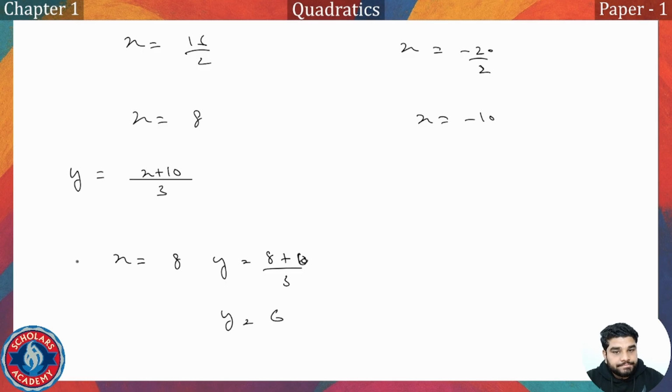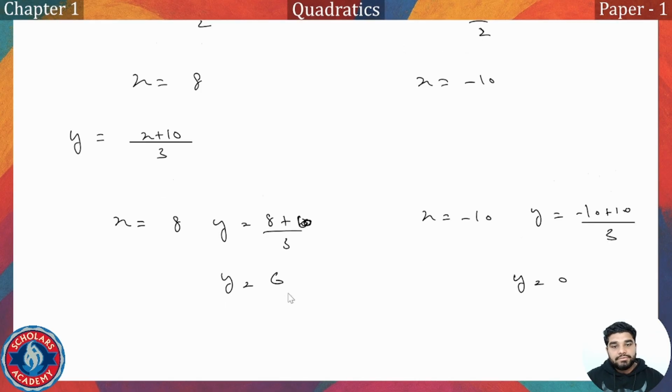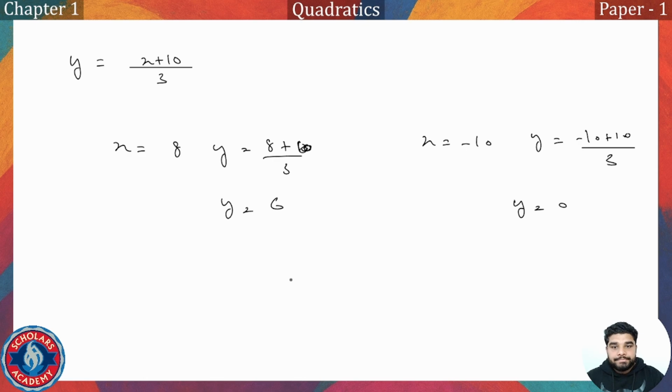And if x is equal to negative 10, we substitute this, y is equal to negative 10 plus 10 by 3, and we get y is equal to 0. So two coordinates are 8 comma 6, and the second coordinate is negative 10 comma 0.